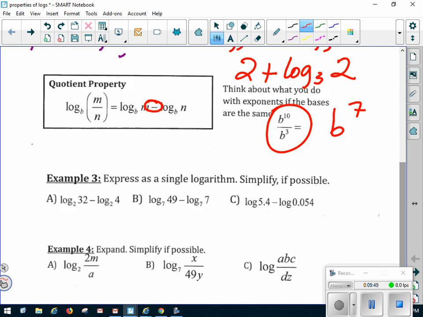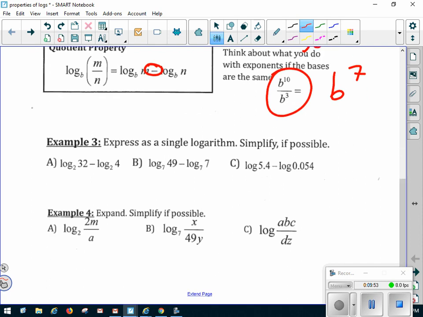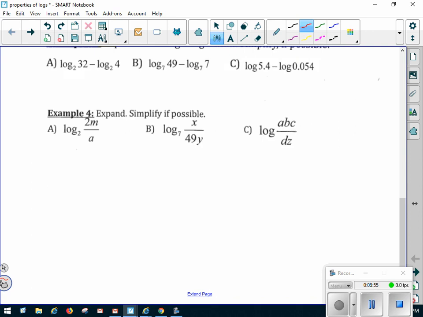It's minus. This is going to be log base 2 of what? Of 32 divided by 4, which is 8. What's log base 2 of 8? 3. If you type that original problem into your calculator, you're going to get 3.